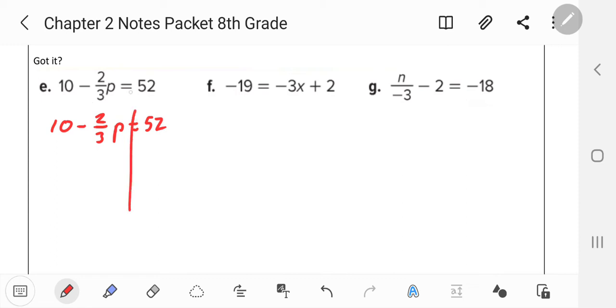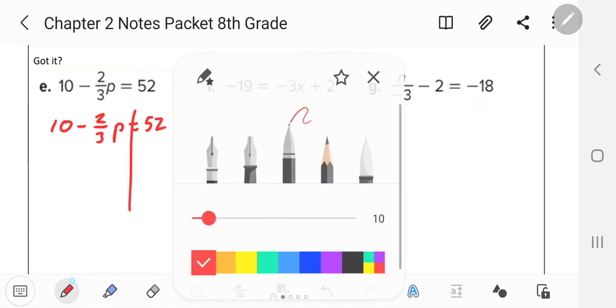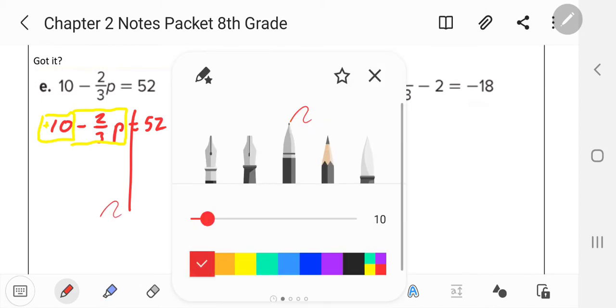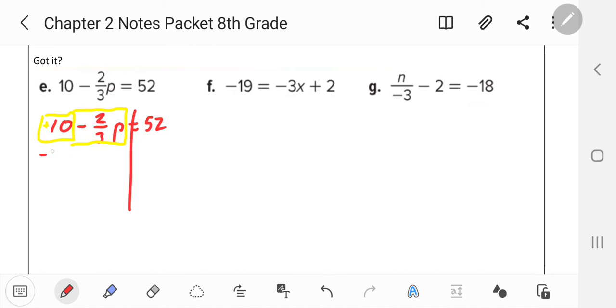All right, let's get after this. I'm sure you guys are going to do great. Now, I see my term of a positive 10, and then I have this minus 2/3 p. I get rid of the non-variable term first. So I'm going to subtract 10 because it's a positive 10 there. How do I get rid of a positive 10? I subtract. So bring everything down. Don't forget that negative.